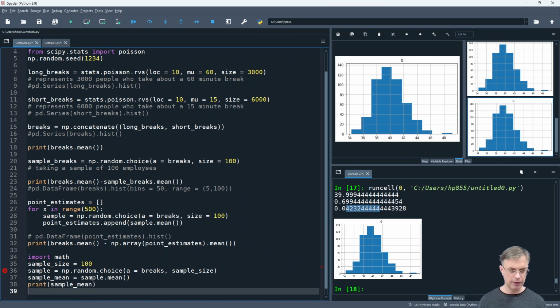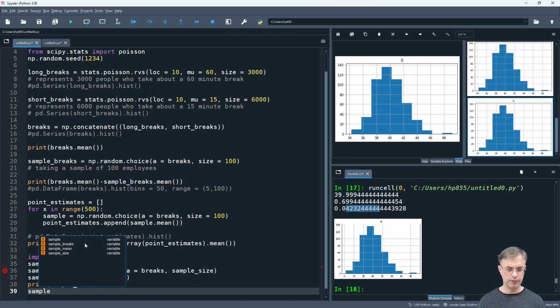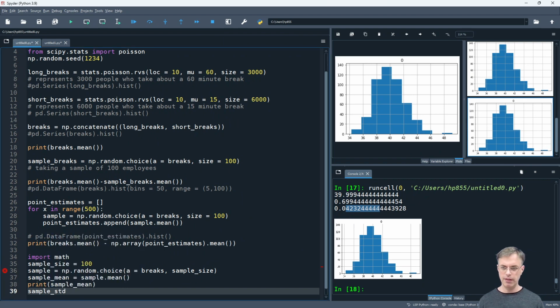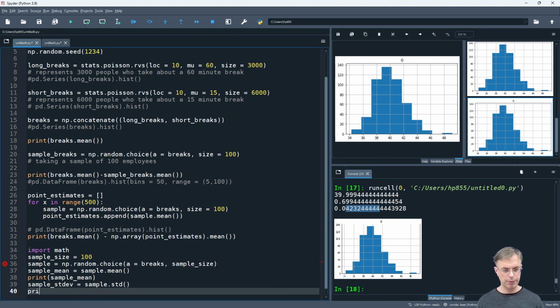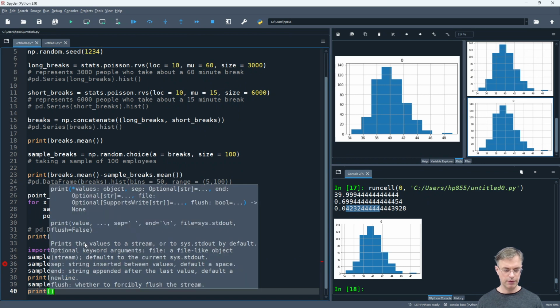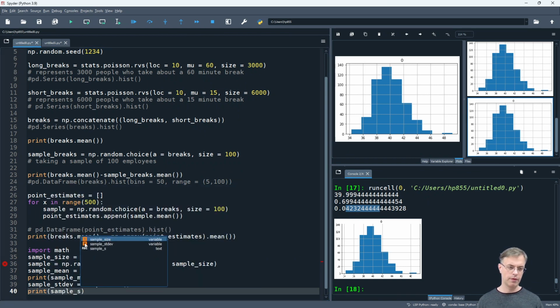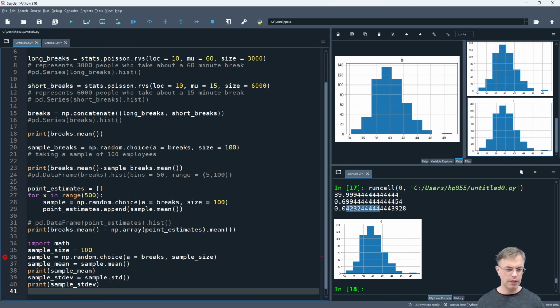Then sample standard deviation, sample STD, and let's also print this part.